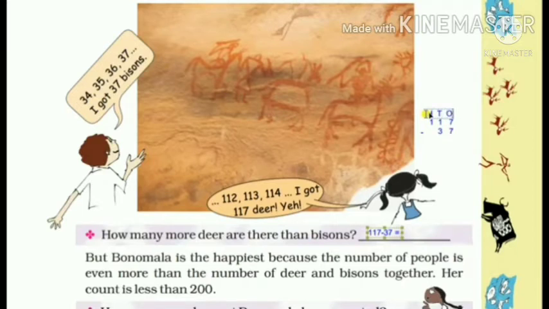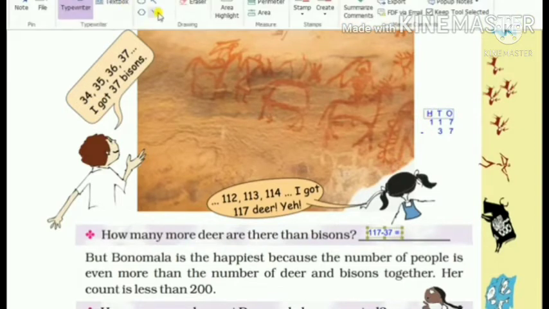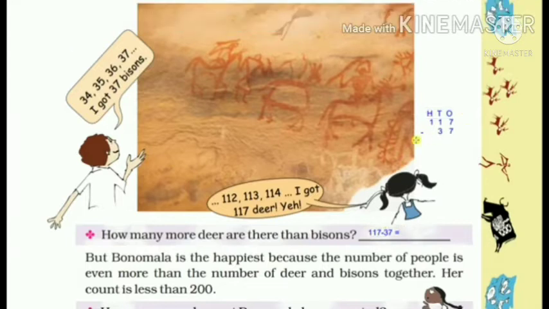So the next place, that is tens place. 1 is there. 1 minus 3 is not possible. So what we have to do? Yes, taking 1 from hundreds place. So tens place 1 becomes 11. 11 minus 3. 11 minus 3. Yes, what is the answer? Yes, 8.